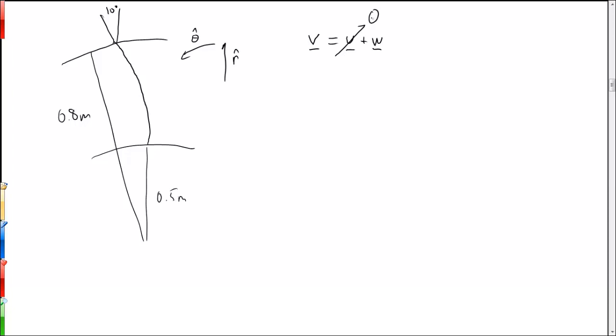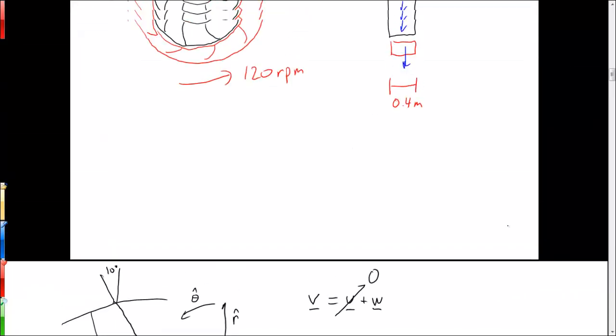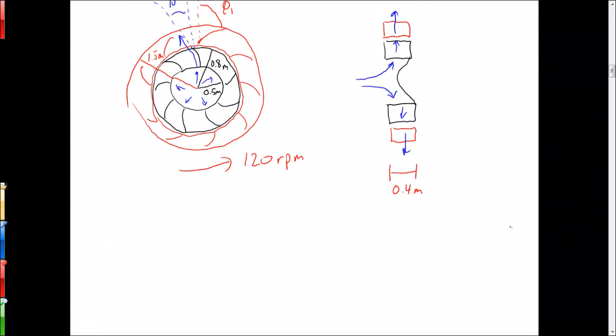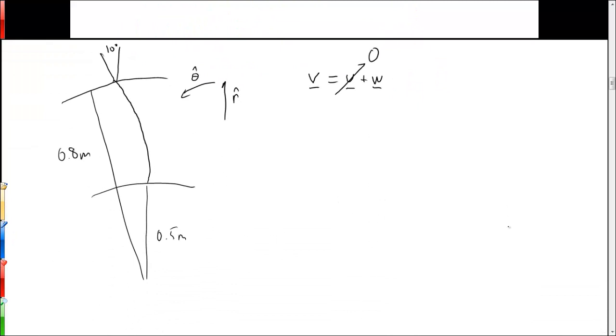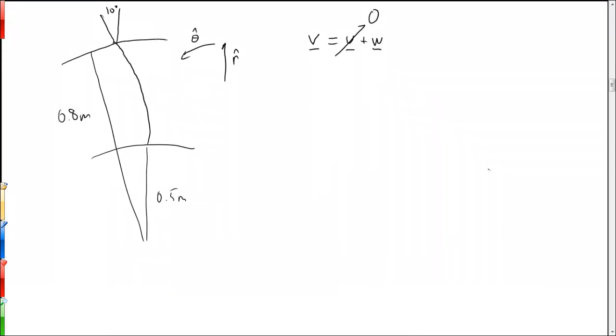So that means that we can use the conservation of mass to figure out what the velocity is at the outlet of our stator. If we were to draw a control volume around just our stator, then because the flow is incompressible and steady, the mass flow rate at the inlet has to be the same as the mass flow rate at the outlet of our stator.